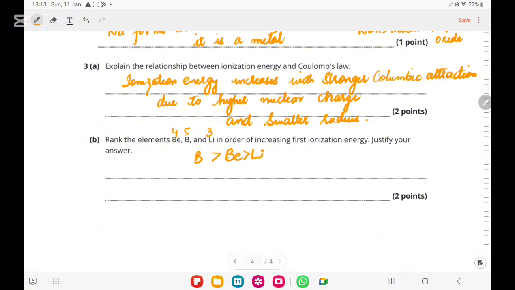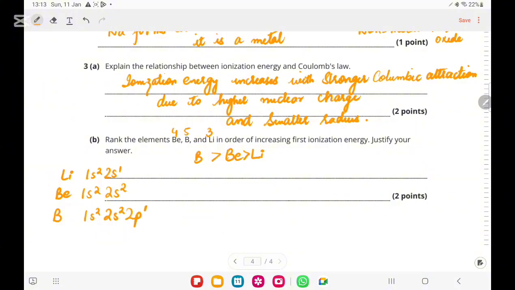And why are we going to see this anomalous behavior? Because lithium has the electronic configuration of 1s2 2s1, beryllium has 1s2 2s2, and boron has 1s2 2s2 2p1.